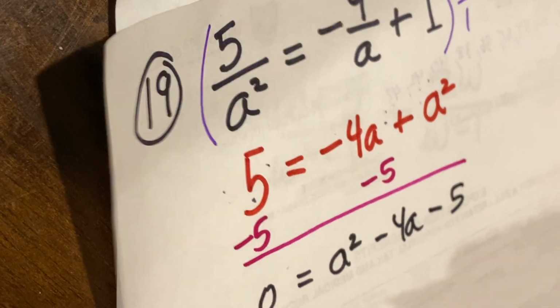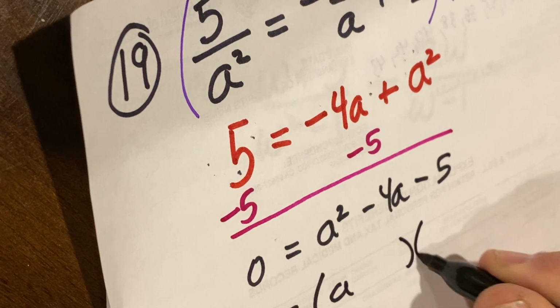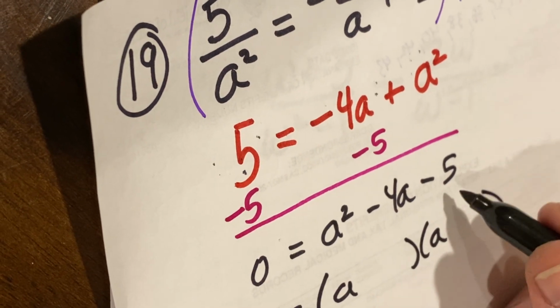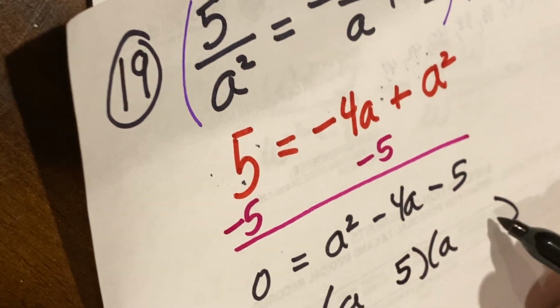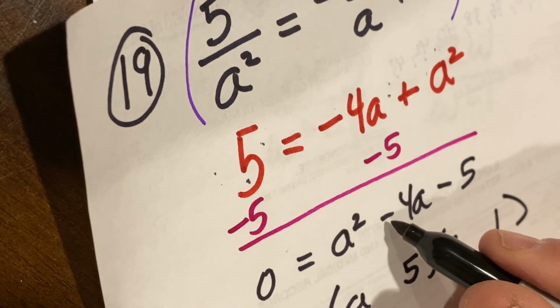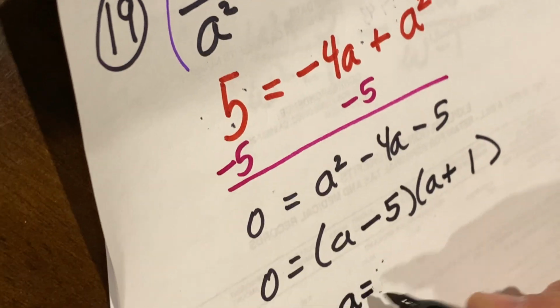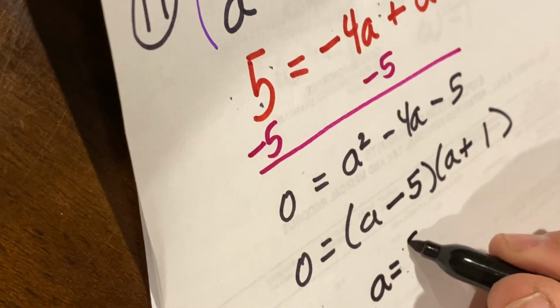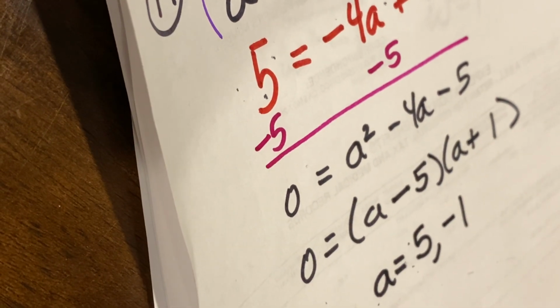Okay, now I'm going to factor that, because I got 0 over there already. A squared, oh good, this is the easy kind of factor. I need two numbers that multiply to be 5 and subtract to be 4, like say 5 and 1. Different signs, bigger one minus. This one's minus, this one's plus. So I get a is opposite this over this, so positive 5 and negative 1, which are my potential solutions.